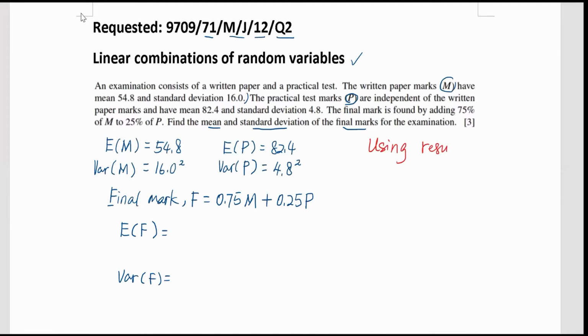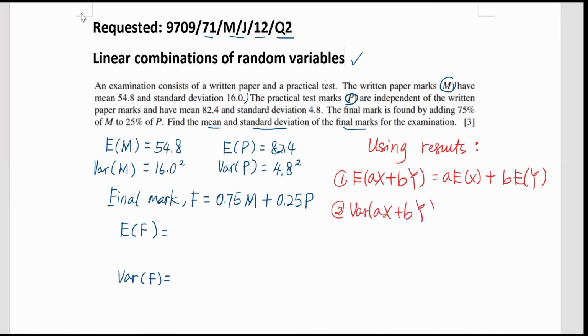First, E of AX plus BY is equal to A E of X plus B E of Y. Second, variance of AX plus BY is equal to A squared variance of X plus B squared variance of Y. These results will help us get the mean and the variance of the final mark.